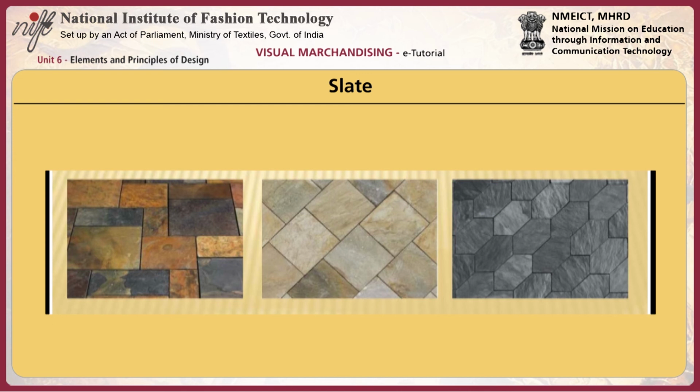Slate. It is rough in character, mostly greys, but some varieties have dramatic color variation. Slate is a fine-grained, foliated, homogeneous, metamorphic rock derived from an original shale-type sedimentary rock composed of clay or volcanic ash.